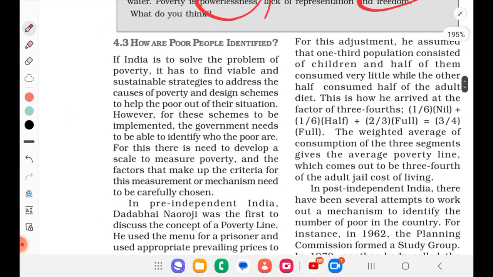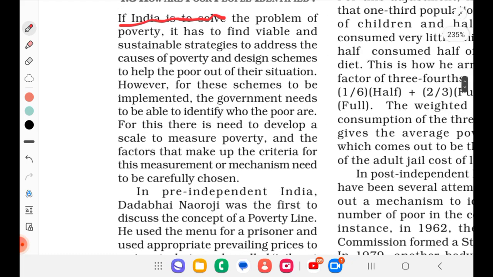How are poor people identified? If India is to solve the problem of poverty, it has to find a viable and sustainable strategy to address the causes of poverty and design schemes to help the poor out of their situation.